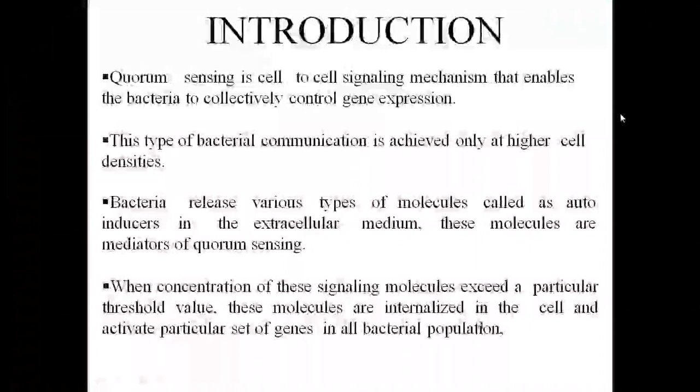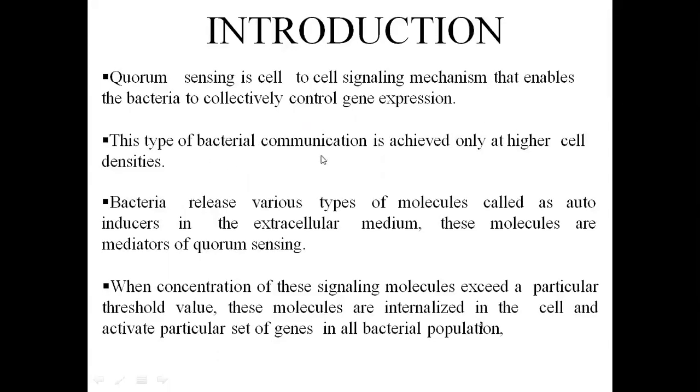When a signal passes from one cell to the next cell, collectively controlling gene expression, that is quorum sensing. Any kind of cellular signal passing from one cell to another is related to gene expression, and collectively this is called quorum sensing.